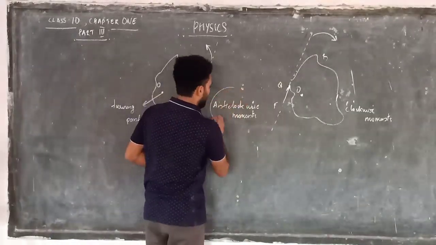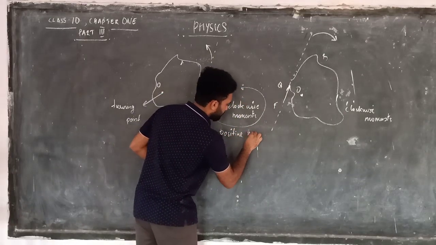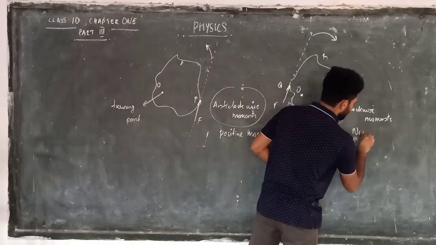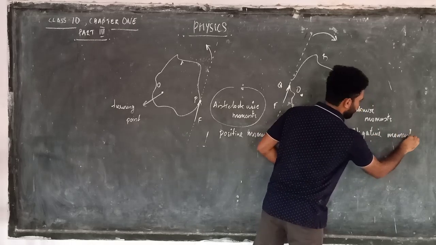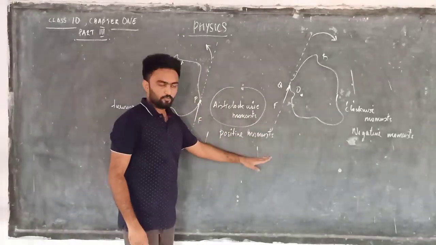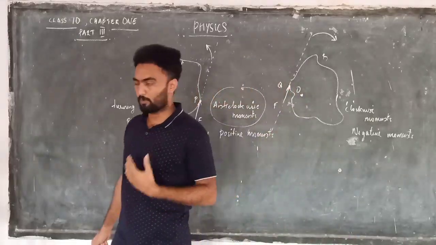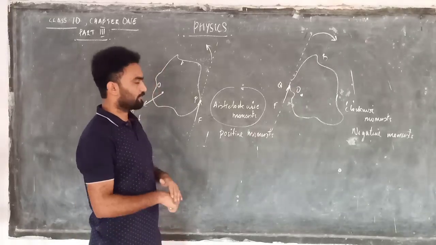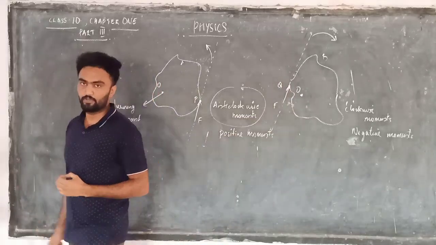Always we consider anti-clockwise moments as positive moments, and clockwise moments as negative moments. So that's about the direction of moment of force. It depends on two factors: the point of action of force and the line of action of force.